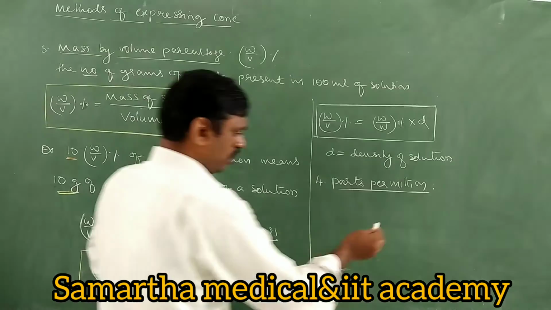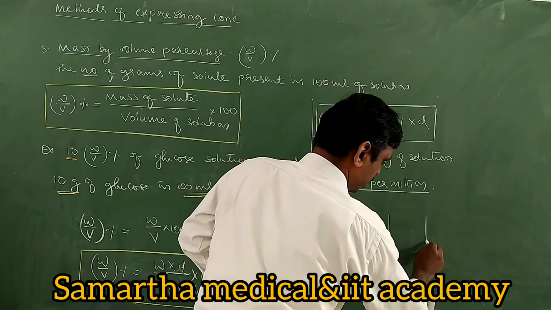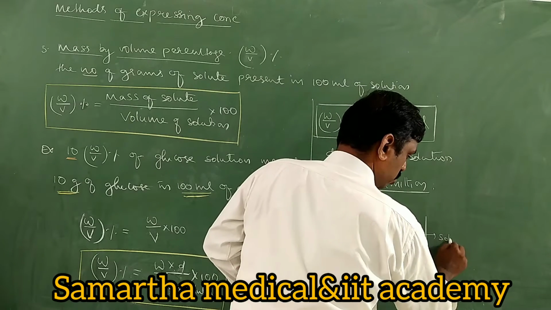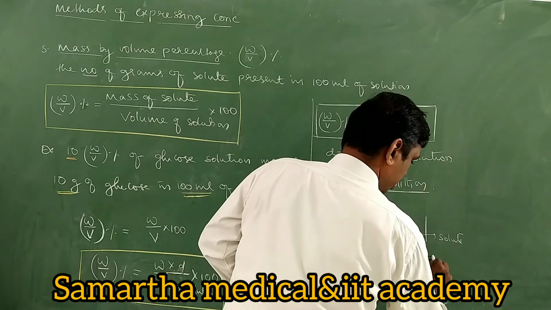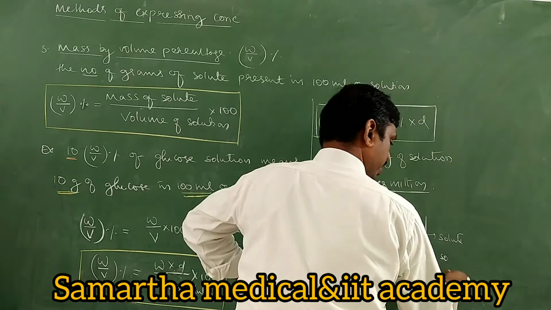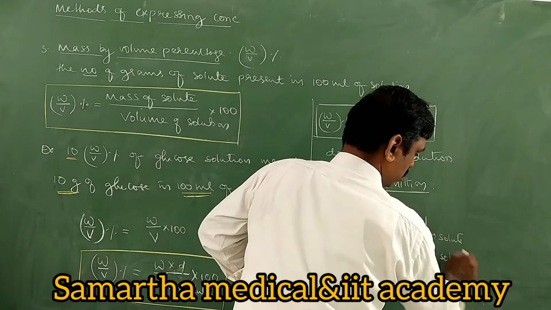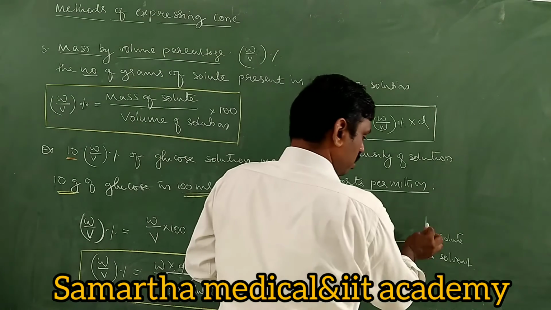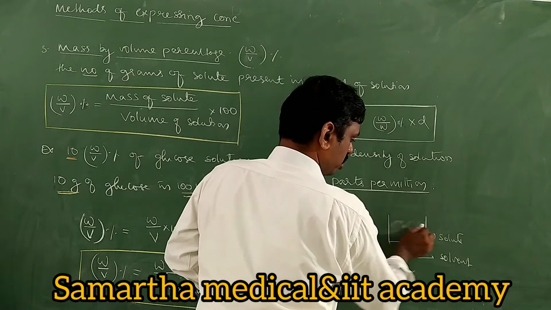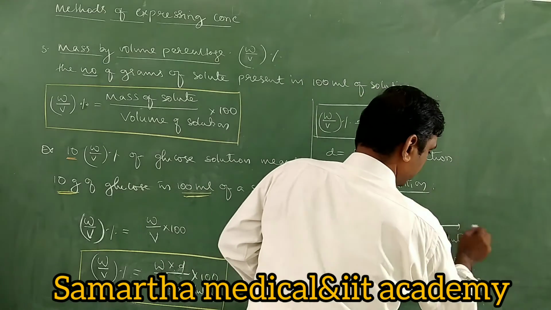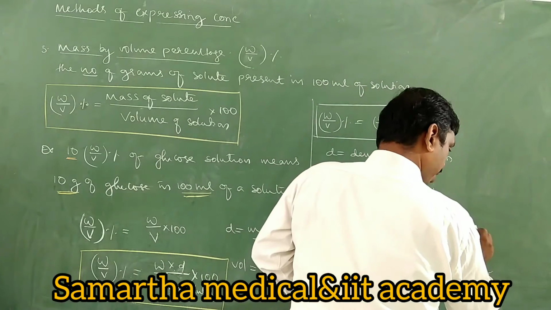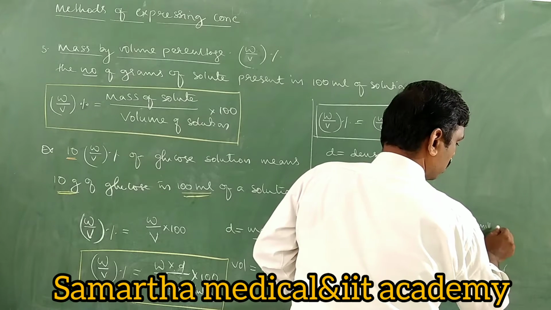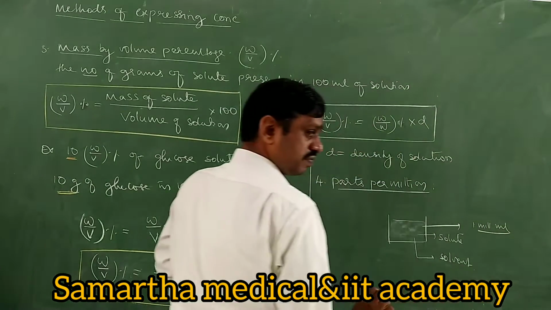Just imagine a beaker which contains a solution, which contains solute. Of course, there is a solvent also. Solute plus solvent gives solution. Imagine this solution is 1 million ml.